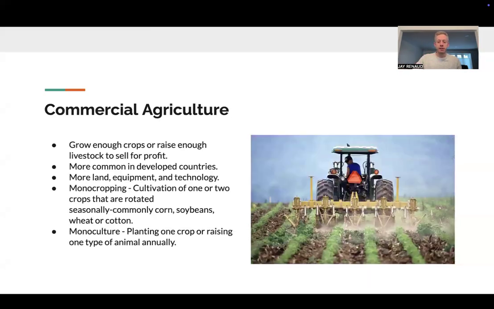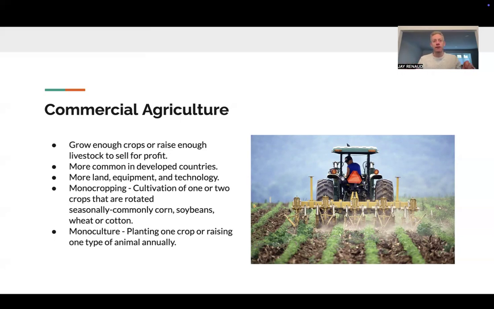On the opposite end of the spectrum is commercial agriculture. This is going to be capital intensive. We're going to grow enough crops to sell, to commercialize, and to make a profit. We're going to see this in more developed countries. As we see this type of agriculture, the percent of people engaged in agriculture or in primary economic activities goes down.